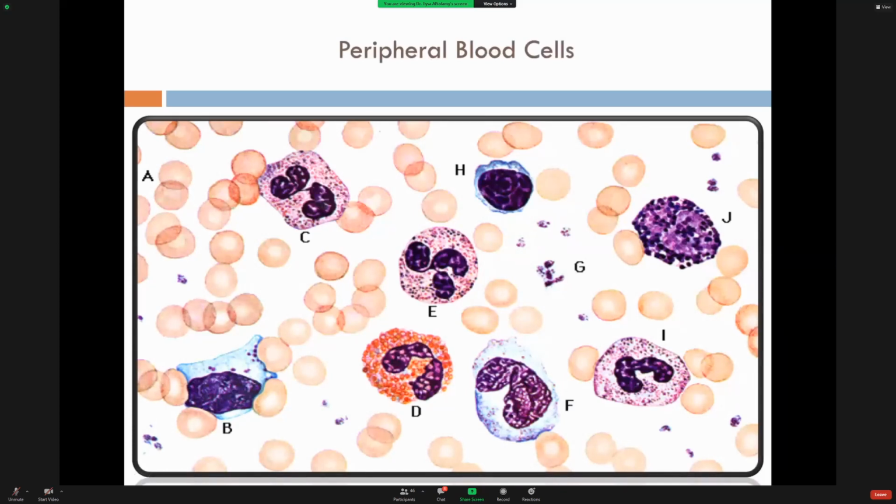Basophils. Here, monocytes. Okay, this is the neutrophils. Clear?